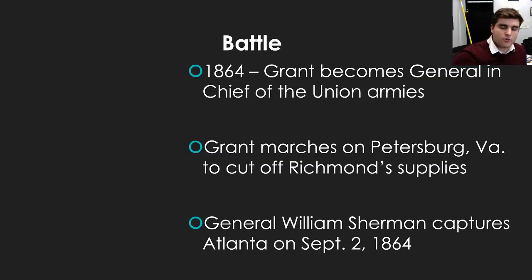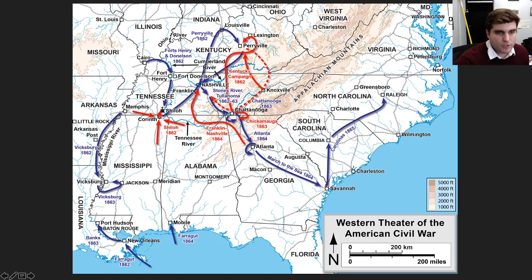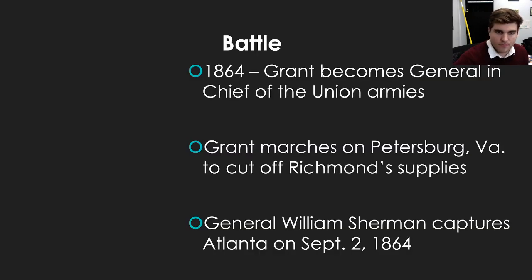And General William Sherman was able to capture Atlanta on September 2nd in 1864. So once he captures Atlanta, he begins his march to the sea, basically marching down towards Savannah, up toward Columbia, and up to Raleigh in 1865.